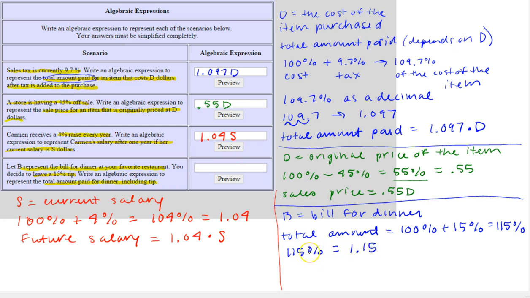So to find 115% of the bill means the total amount is equal to 1.15 times the cost of the bill. And again, we'll leave out the multiplication sign, so 1.15B.